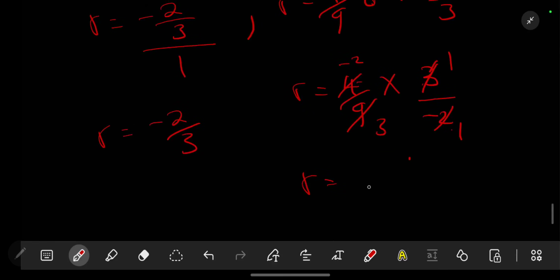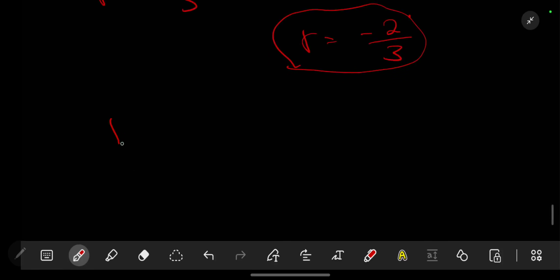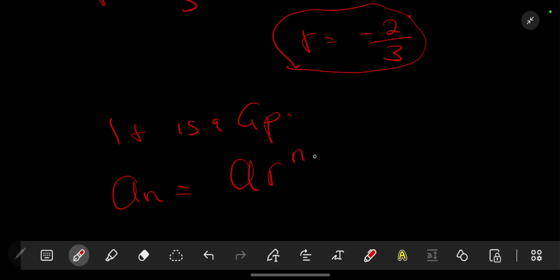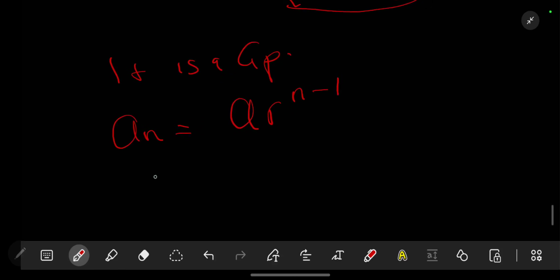So we have negative 2 over 3. So it is the same. That means to say it is a GP. Therefore, knowing that the term of a GP is given by ar^(n-1), you can say the term like this.